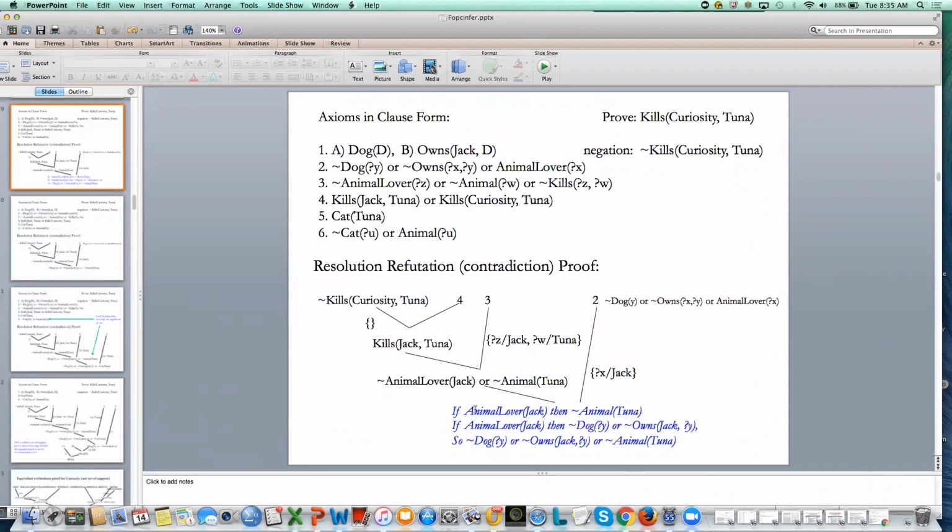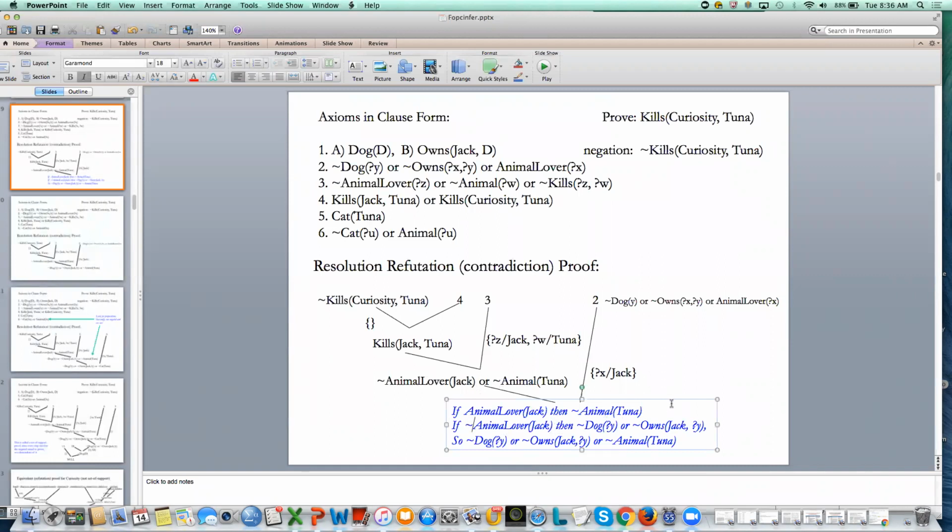I explained here in a bit of detail, you might need to go back and look at this, but if indeed Jack is an animal lover, then it must be the case that this is false, and so this needs to be true. If Jack is an animal lover, or if Jack is not an animal lover, another problem.